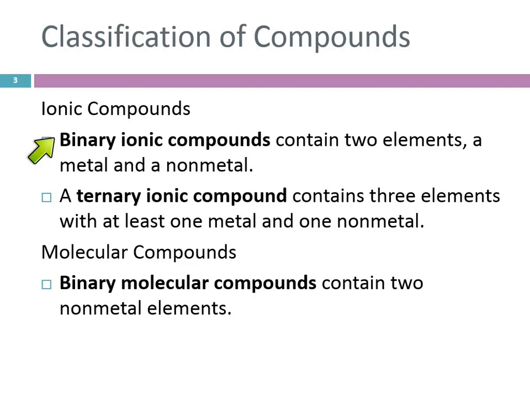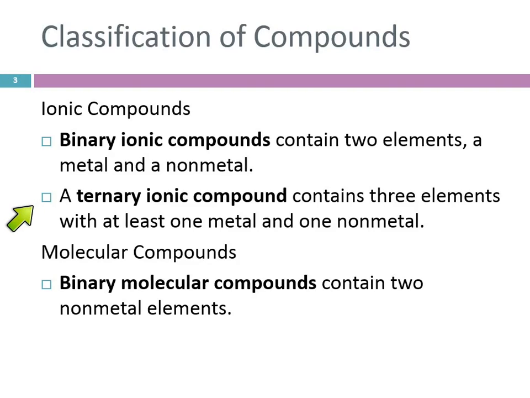A binary ionic compound contains 2 elements, a metal and a nonmetal. The metals form positive ions, the nonmetals form negative ions. Opposites attract. And so they stick together kind of like magnets because they have opposite charges. If you have 2 positively charged metal ions, they're not going to stick together. So that's why it's always a metal and a nonmetal.